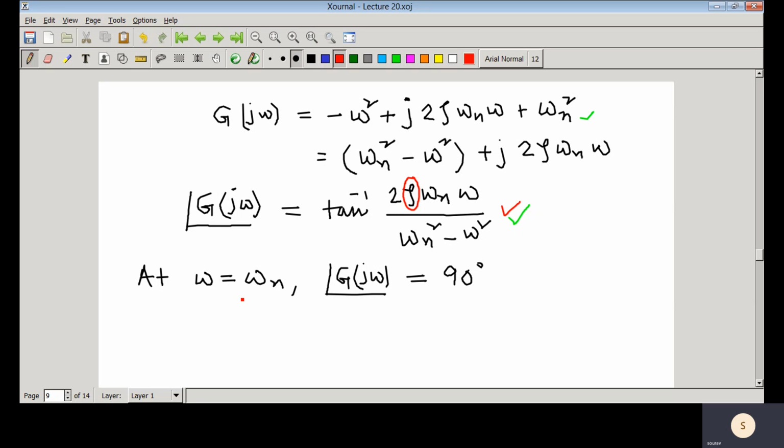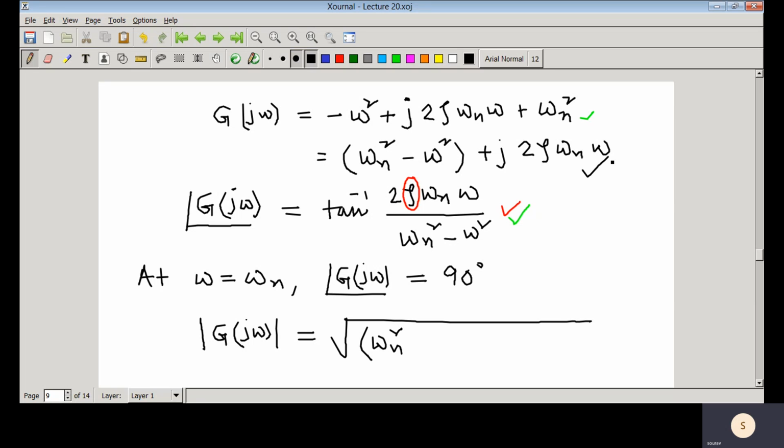And what would be the gain? If you find the gain of G j omega, from here we can find the square as omega n square minus omega square whole square plus twice zeta omega n omega whole square.